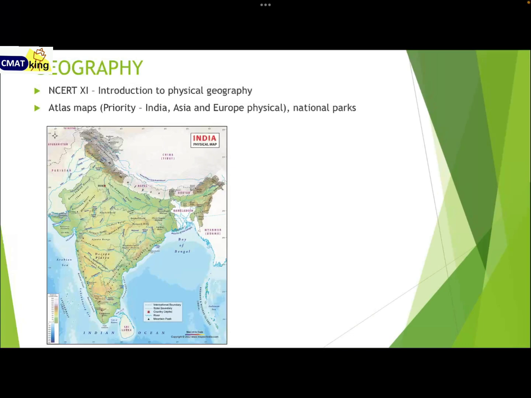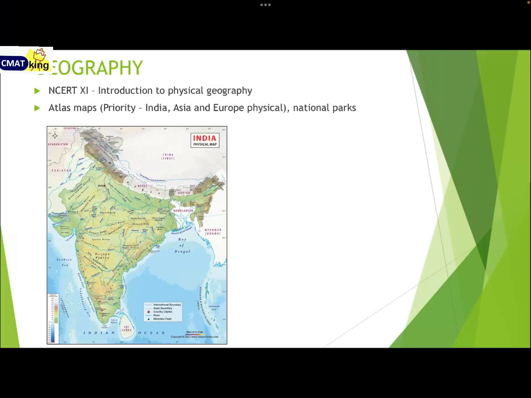You can directly read from the NCERTs, but alternatively, I will put a link in the description of my NCERTs, which means the NCERTs from which I have studied, and I have highlighted the important portions.